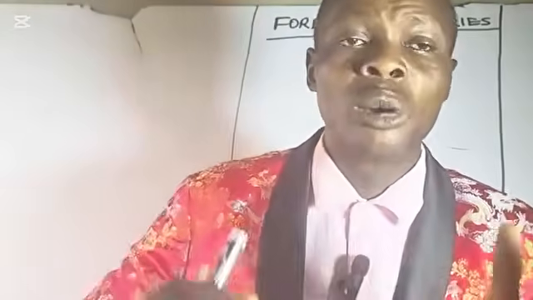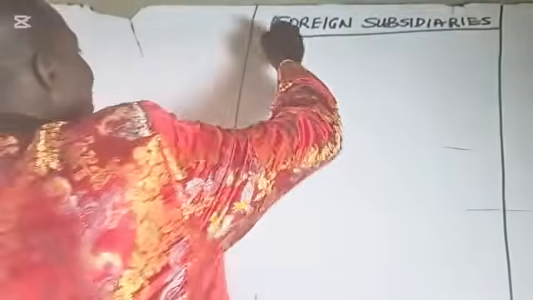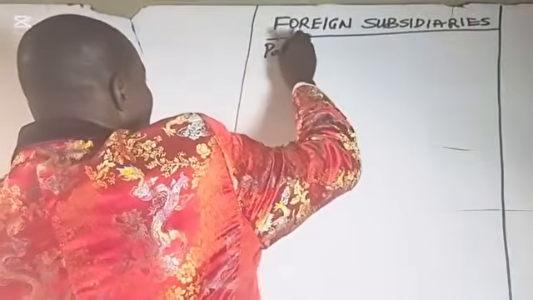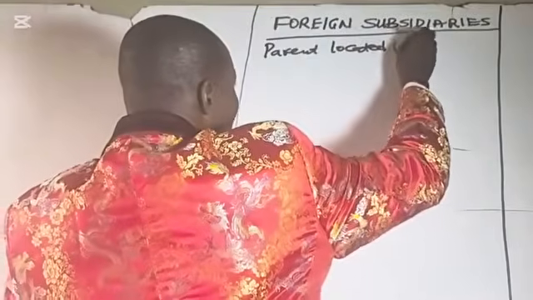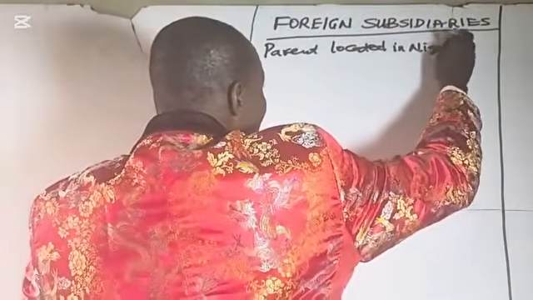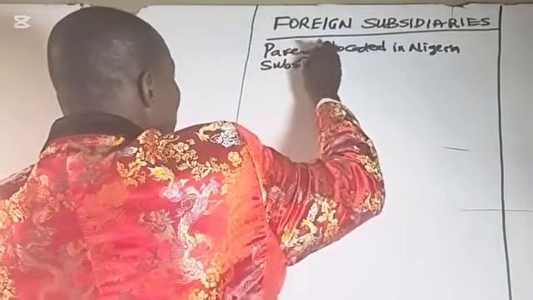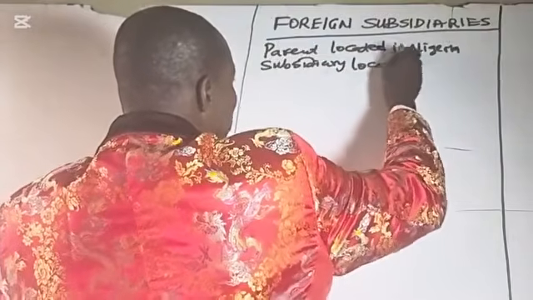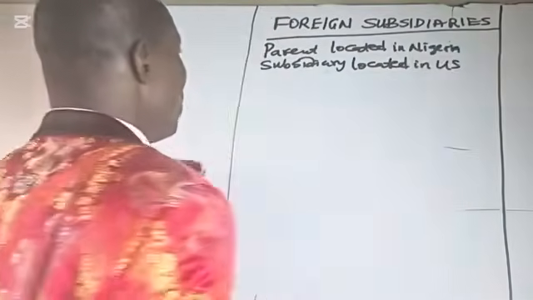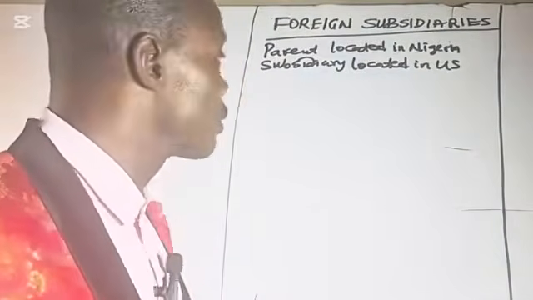For instance, if the parent company is located in Nigeria, and the subsidiary is located in the US, it means the country where the subsidiary is located is different from the country where the parent company is located.